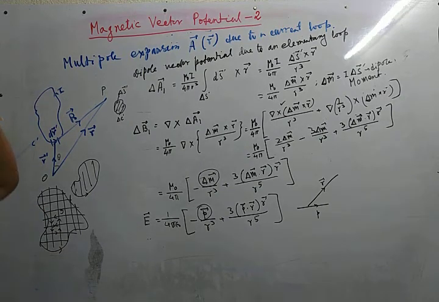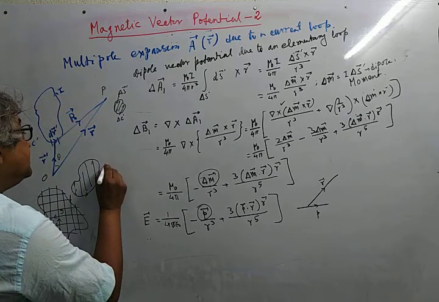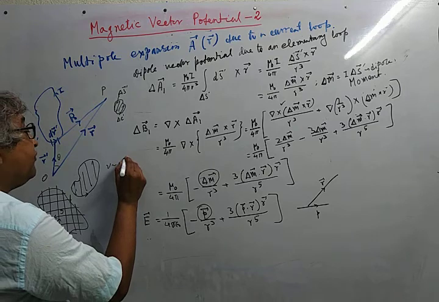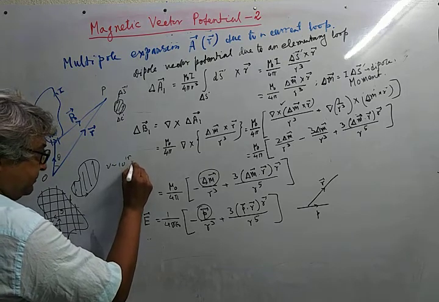If we want to study spectroscopy, that is the transition of atomic electron from one state to another state, it is found that the electron revolves around the nucleus in an elliptic orbit at a very high speed. The frequency is of the order of 10 to the power 15 hertz.